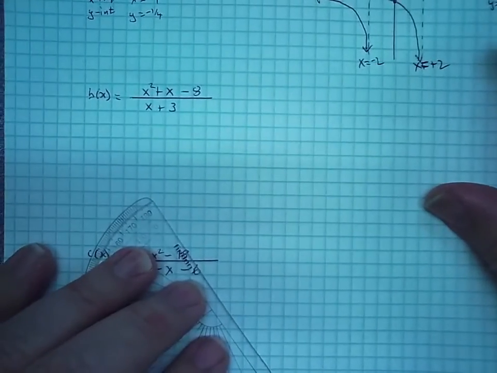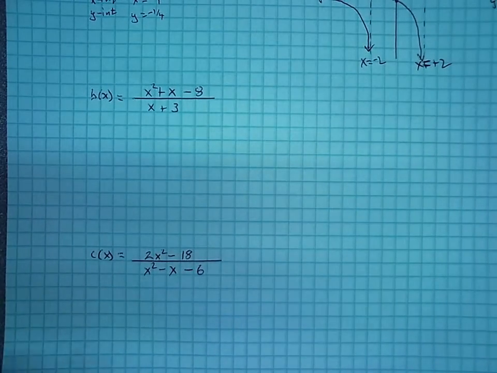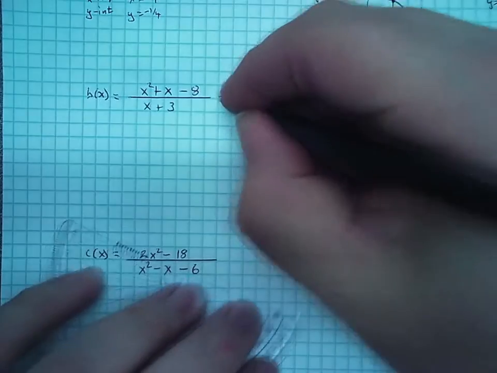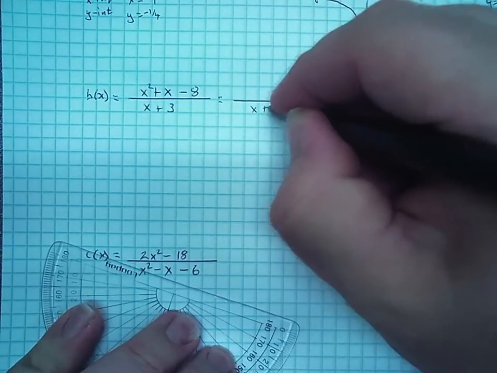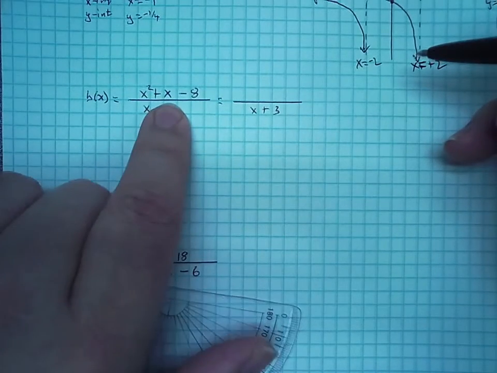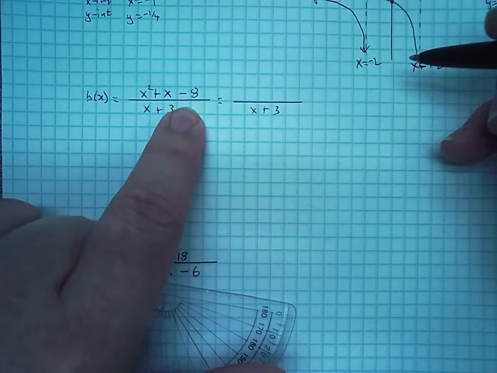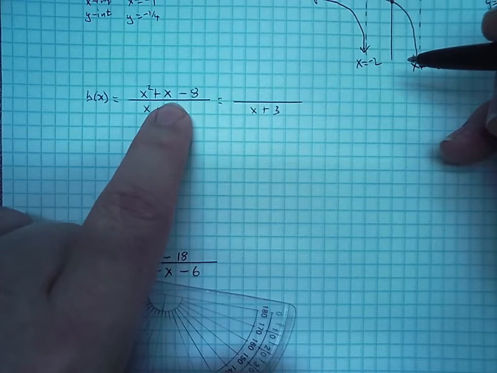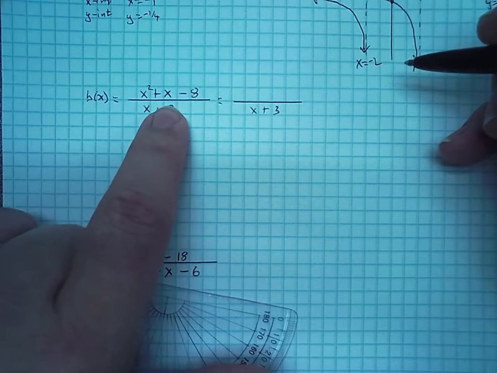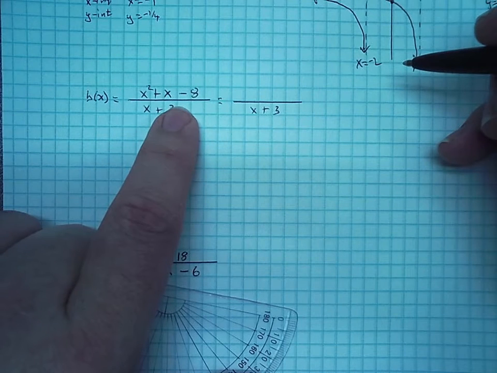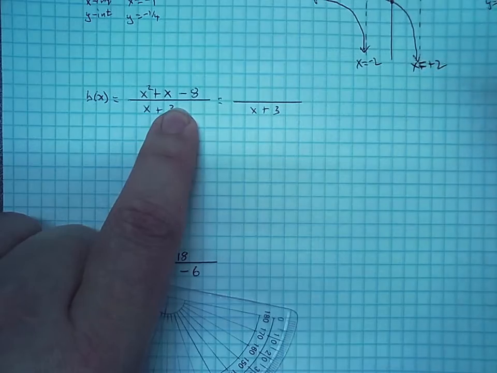Example B is somewhat more challenging. So as I go to factor this, I know the bottom, once again linear. The top, to factor this I would need 2 numbers that multiply to negative 8 that add to positive 1. But 8's factors, 1 and 8 or 2 and 4, neither of those is going to add to positive 1. Which means my top is at least irrational and possibly imaginary, the zeros.